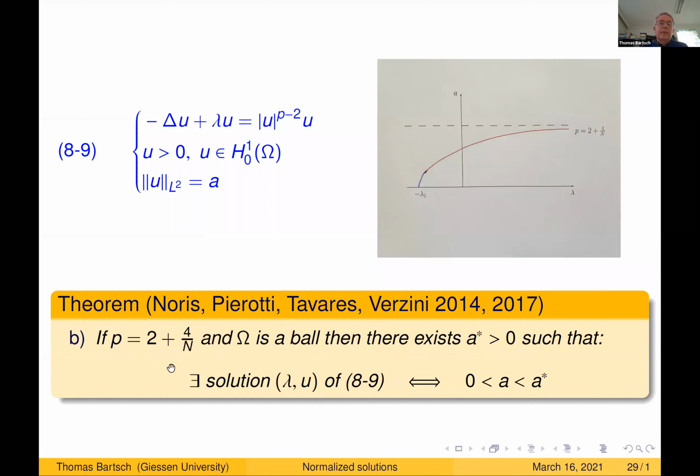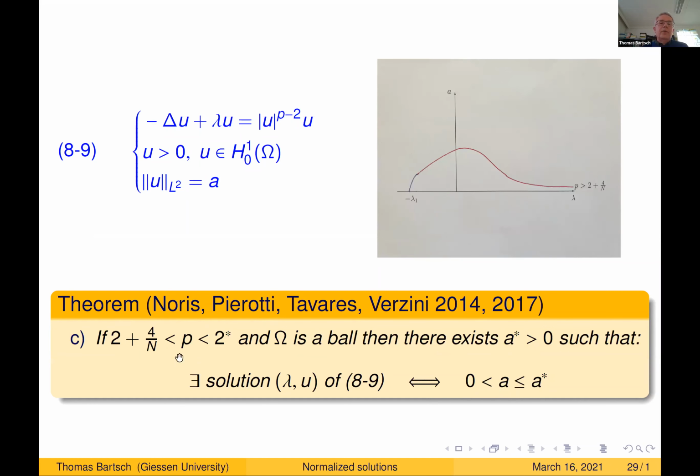For the mass critical case, you have solutions only for a certain range of small values of the L2 norms. Or for the mass supercritical problem, again, you have solutions only for the L2 norm being small. And this is if and only if in the case of the ball.